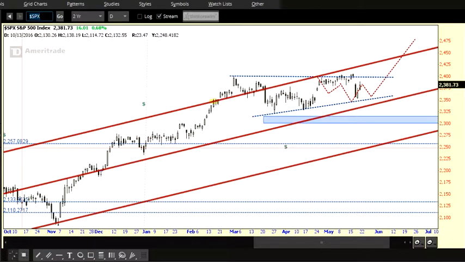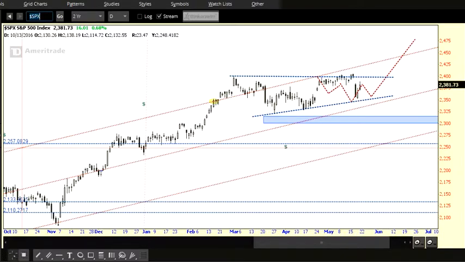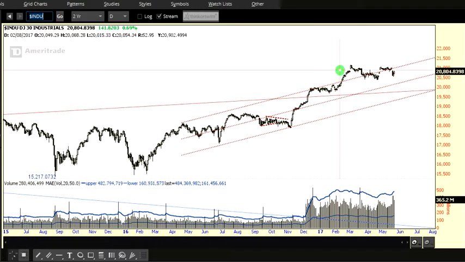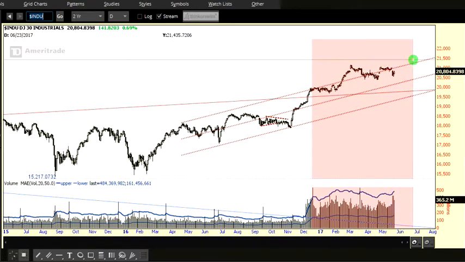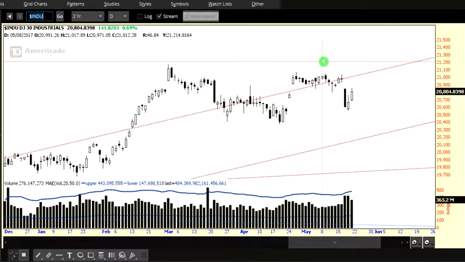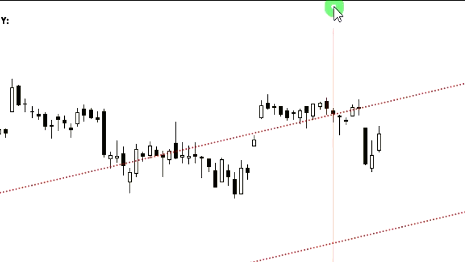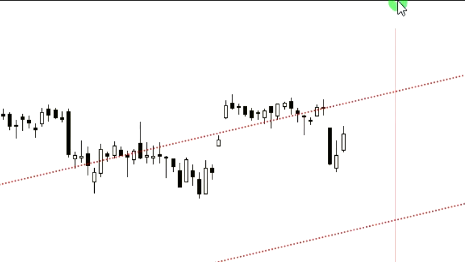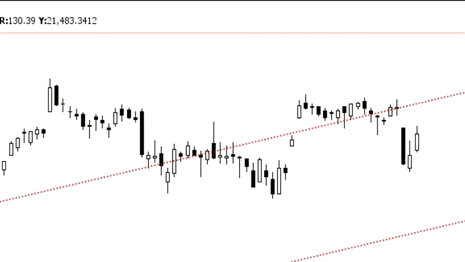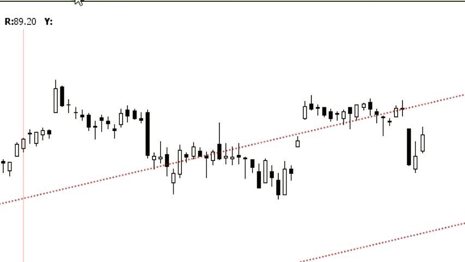Now I'm going to look at the Dow, because the Dow really is a little bit better chart. The S&P is always good to look at because it's so much more diversified than the Dow. But for the purpose of seeing this pattern, let's look at the Dow. See if I can get the whole thing in here.